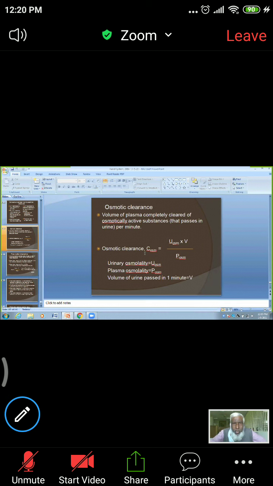Osmotic clearance is another we can discuss. It is the volume of plasma completely cleared of osmotically active substances per minute. The definition is almost like plasma clearance; the only difference is osmotically active substances per minute.